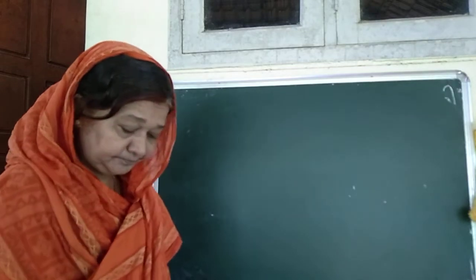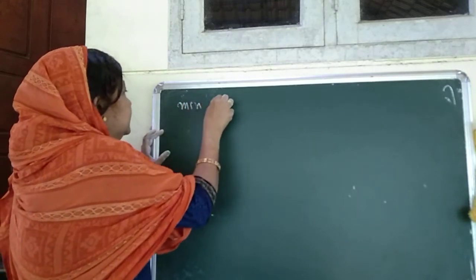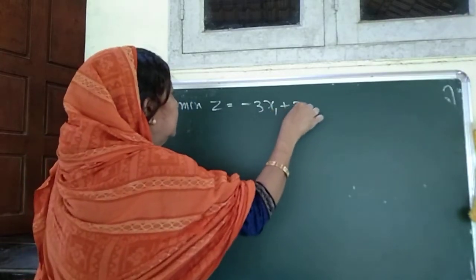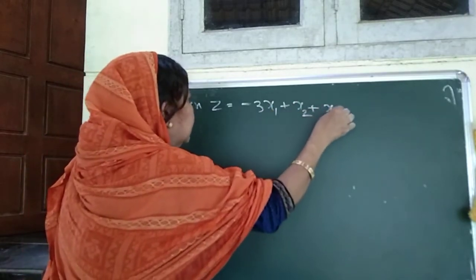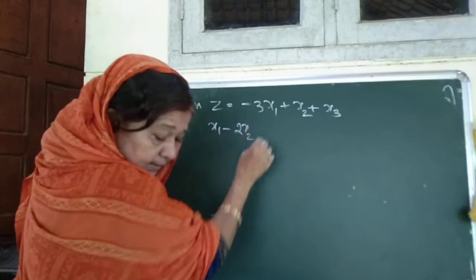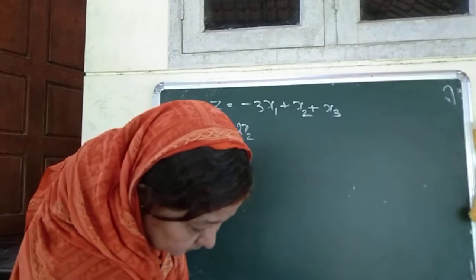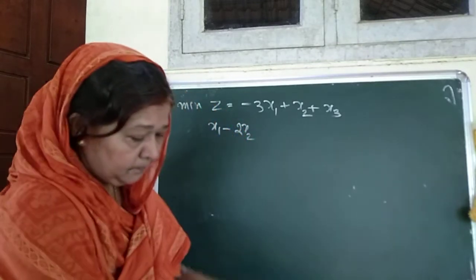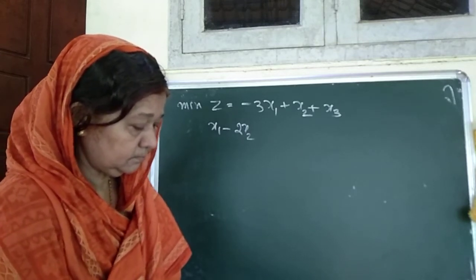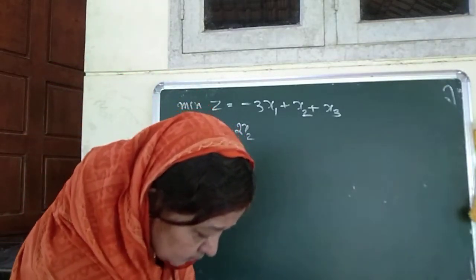And in two-phase method, let us discuss a problem that is, say, minimize z equal to minus 3x1 plus x2 plus x3 subject to x1 minus 2x2 plus x3.